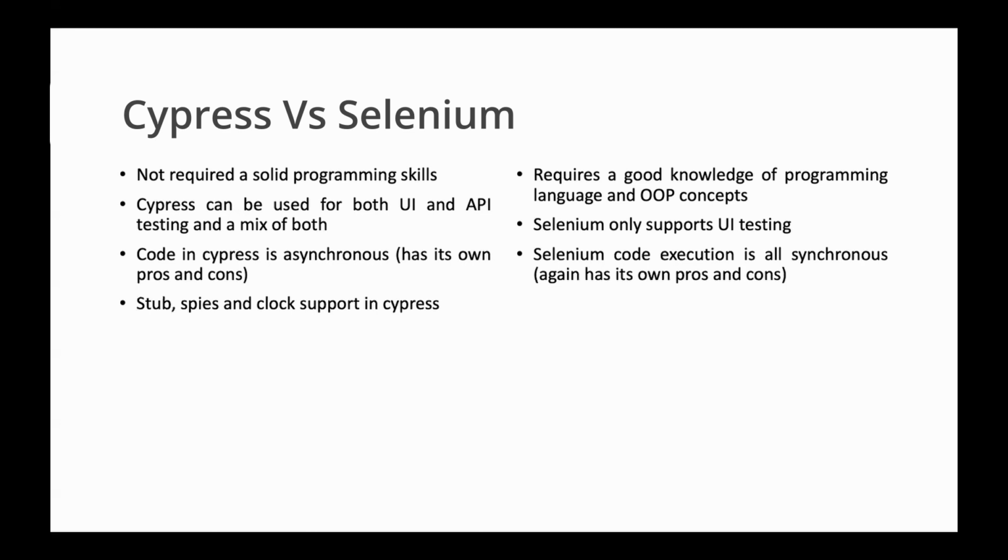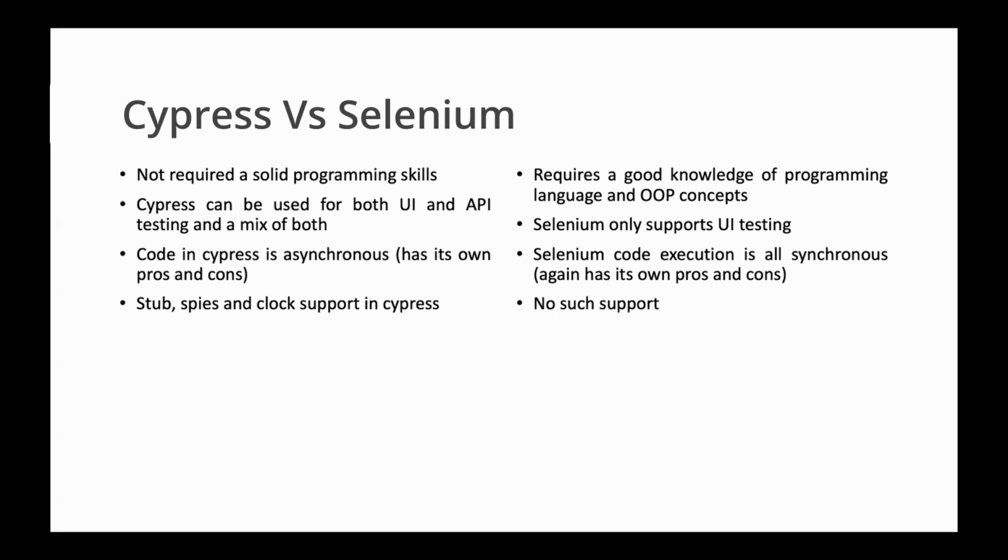Then one of the reasons why Cypress is becoming famous is support for stubs, spies, and clock. Now, what are stubs and spies? These are features usually used by mocking frameworks, like a mocking server, Mockito, and other frameworks available for that. What they do is you can actually modify the response of some of the methods and functions or the APIs. So that is possible in Cypress, whereas Selenium does not have such a thing.